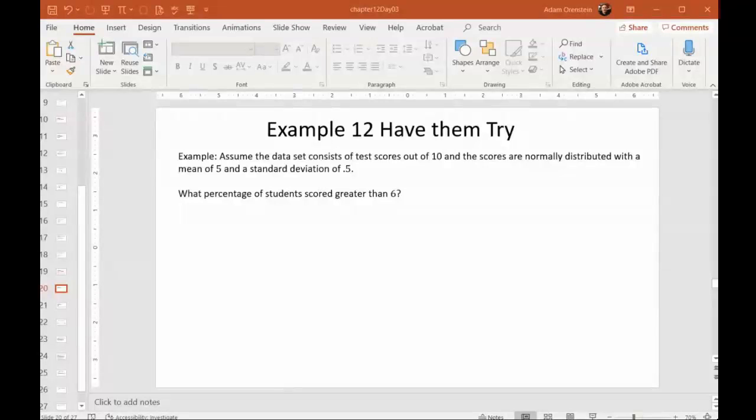We want to know what percentage of students scored greater than 6. Here the data, okay, it's test scores. They're normally distributed. It's out of 10. The mean here is 5. And the standard deviation is 0.5.